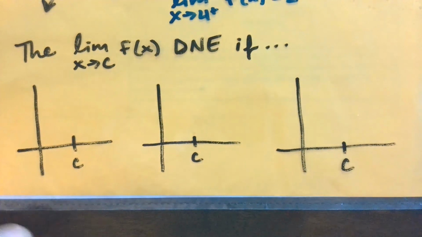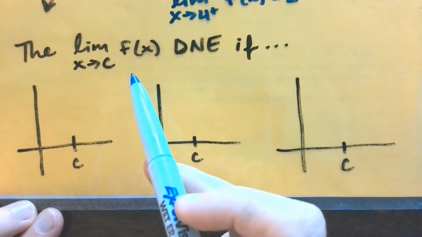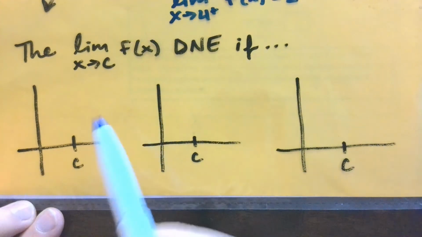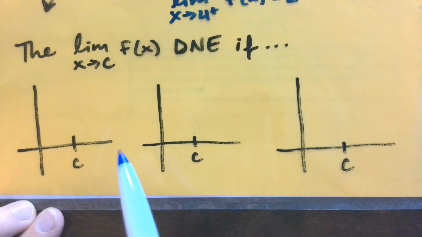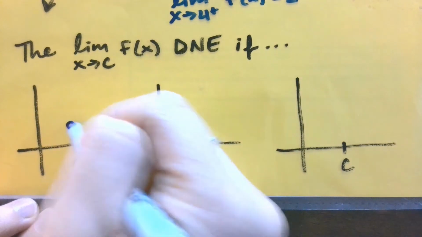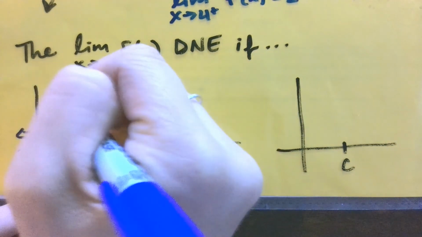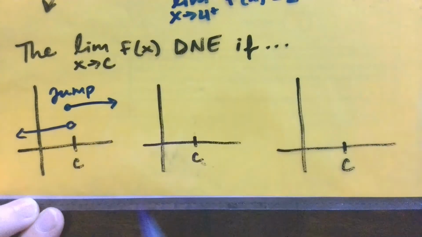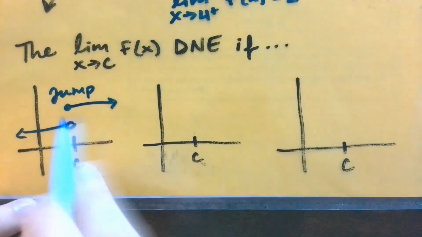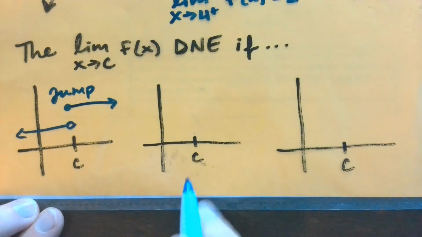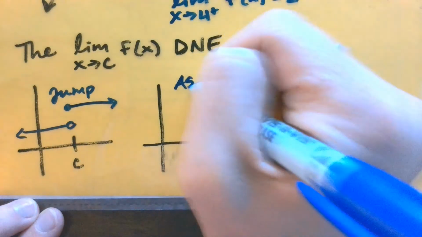We have 3 different reasons that a limit could not exist. So remember, it has to approach the same value from the right and from the left. So our first example is just what we were looking at just now. If there is a jump, or we've got some sort of piecewise function that is not connecting, this would be one reason, not the same from the left and the right. Our second reason would be if there's an asymptote.